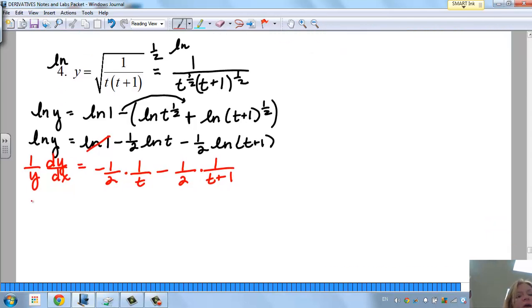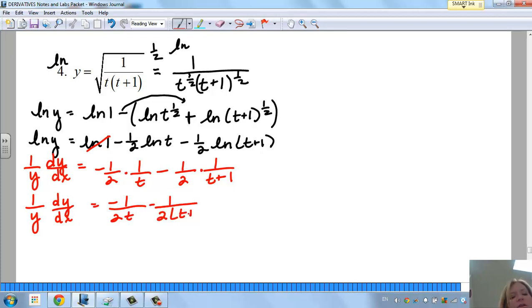So now I have 1 over y dy dx equals negative 1 over 2t minus 1 over 2 times t plus 1.